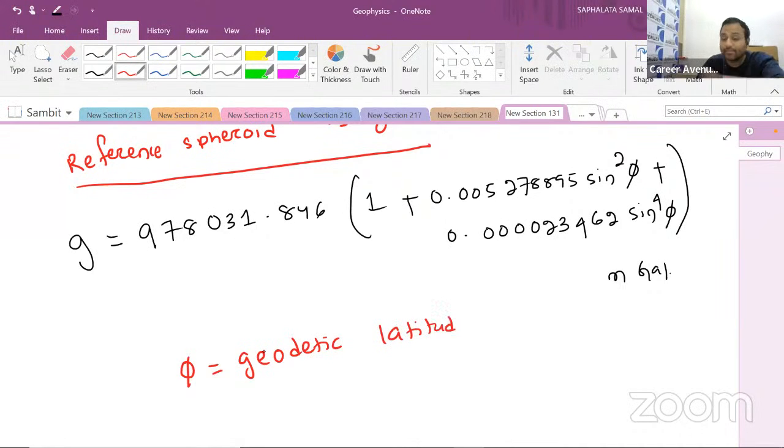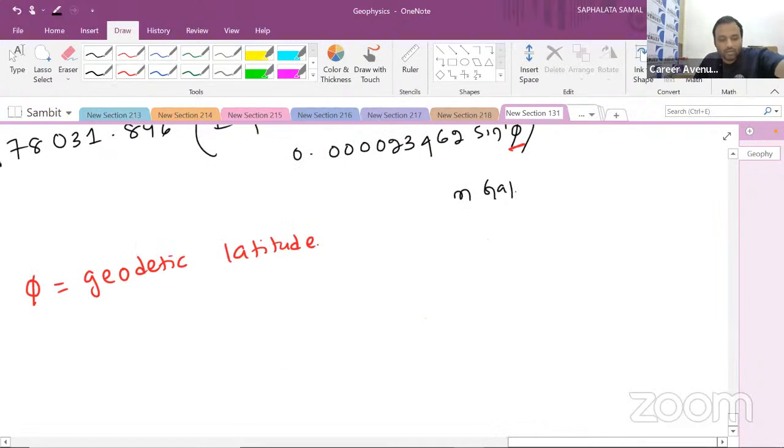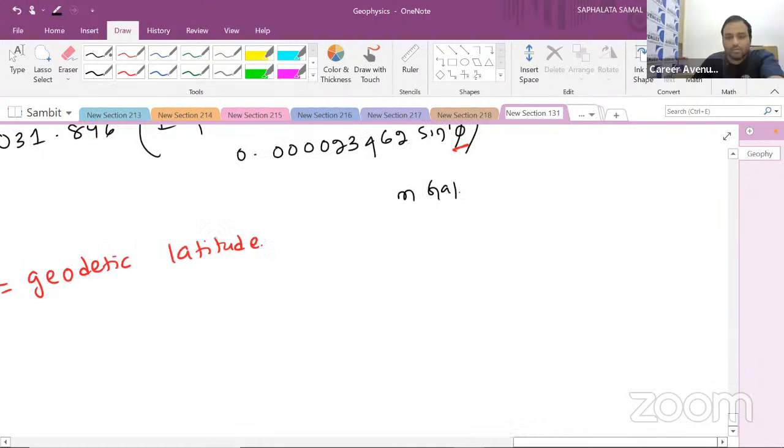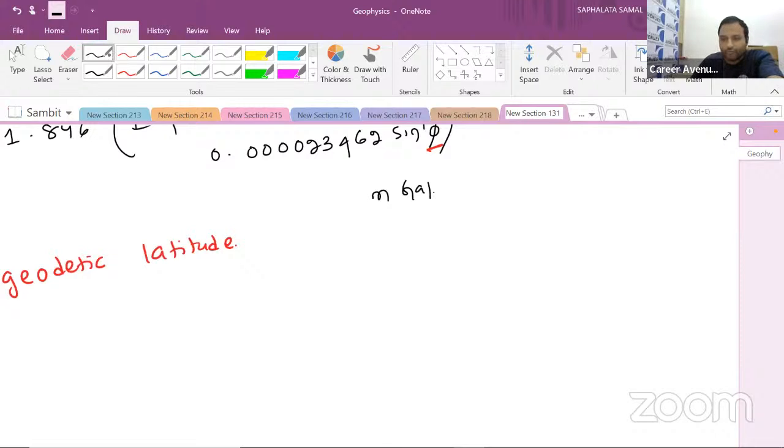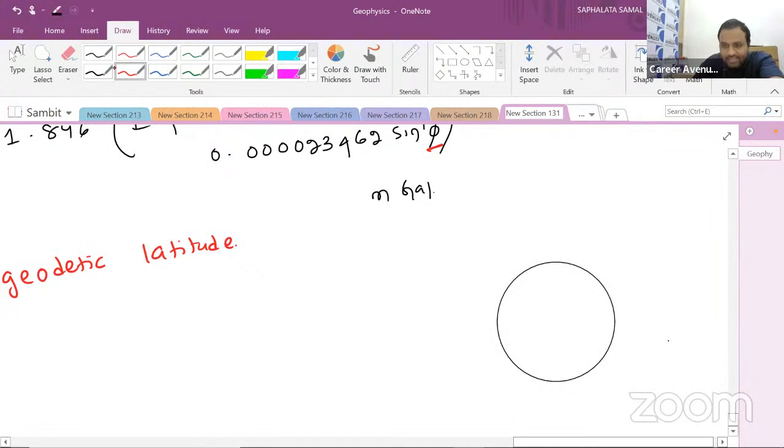Now they have asked this question before. They will not ask you the formula as such, but they will ask what kind of latitude this phi is. Now all of you know the latitude concept, no? Suppose this is my Earth, and I'm taking the Earth shape as a sphere, for example. This is the center of the Earth. This must be the equatorial plane.